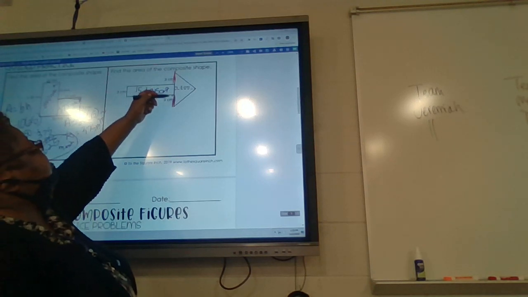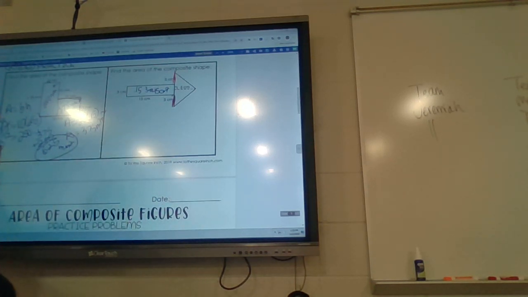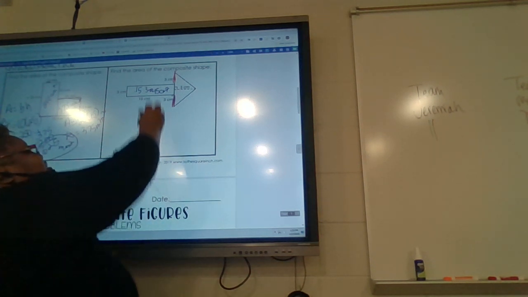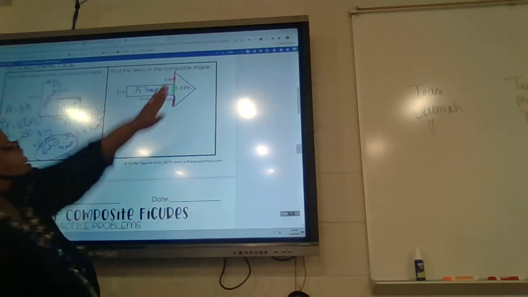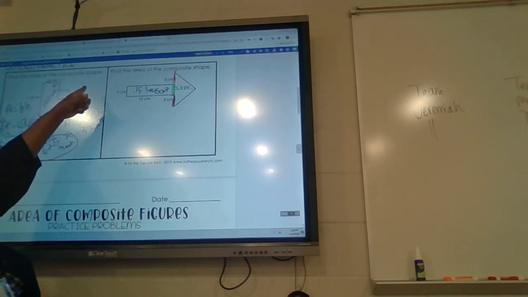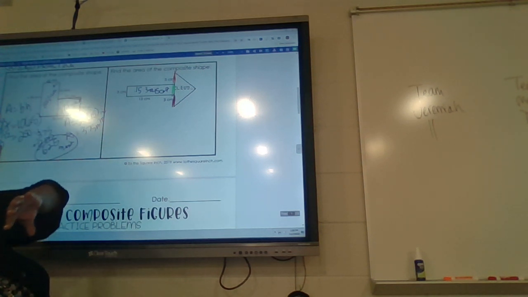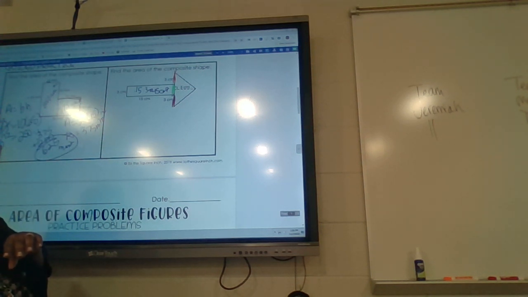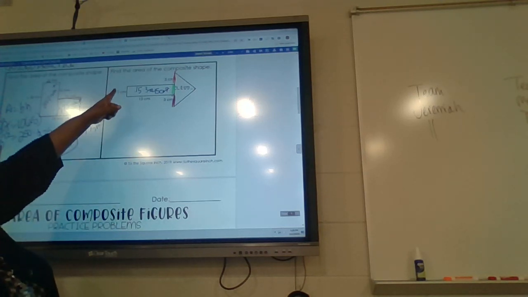Okay, so this is 3 and this one is 3. Now you got to figure out, let me change to green, how much is this one. Is there anything here that tells me how much the green one is? At the back of the rectangle, it's the same length.